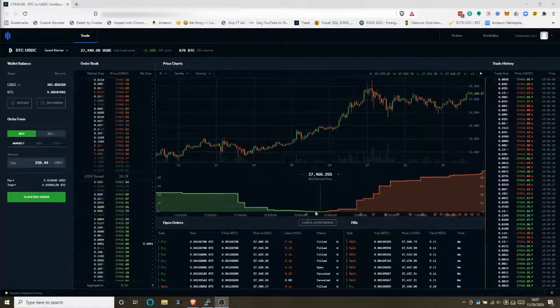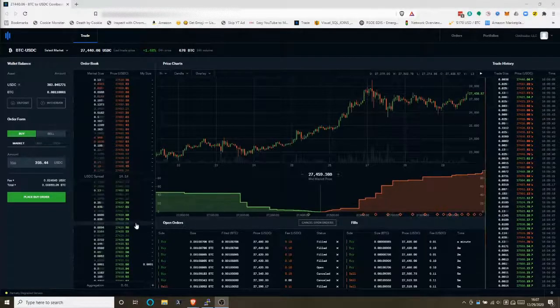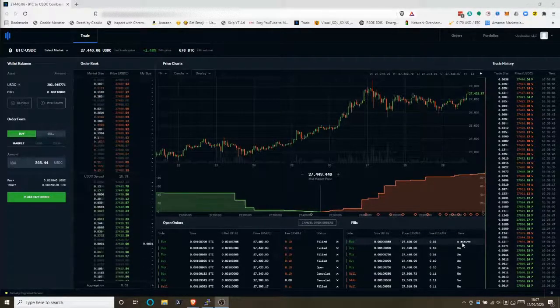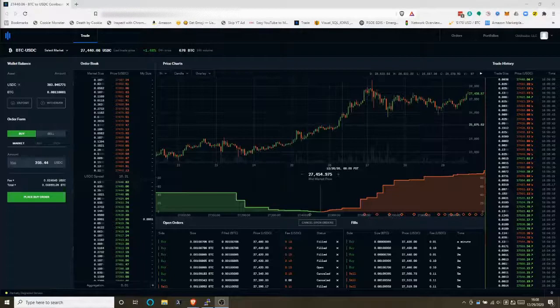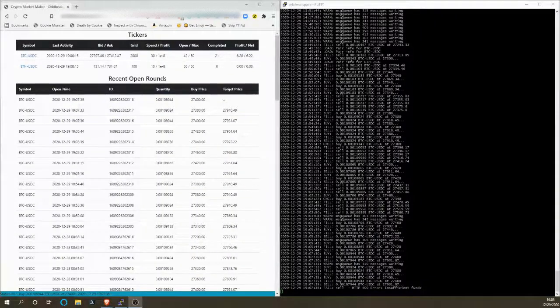I'm kind of feeling like I want to explain all this stuff, but I don't. I just want to show you what's going on at the moment. Over here you can see a buy order just got filled a minute ago. So this is the exchange, this is Coinbase, and this is where all the activity is happening.